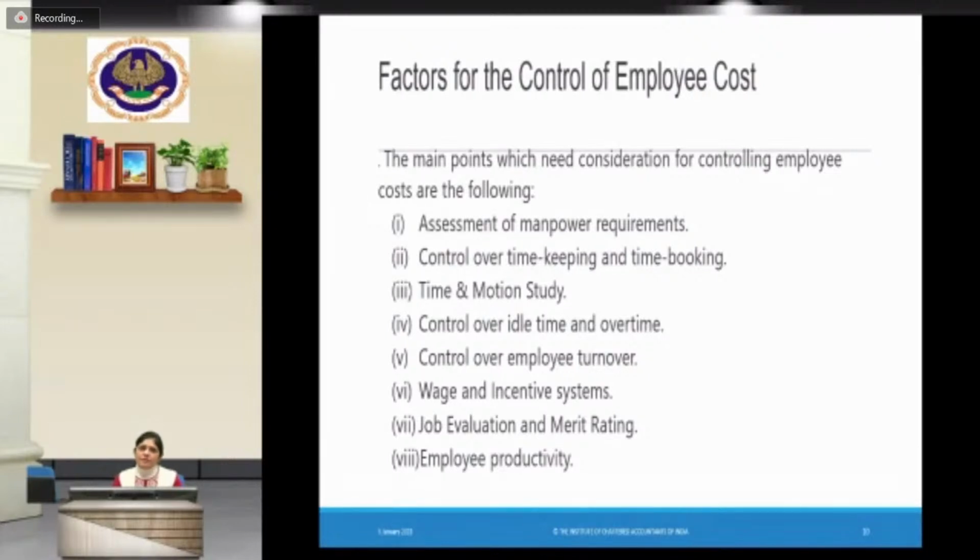But if, let us say, a person has actually worked on the product, whatever I'm paying to that person can be directly allocated to that product because that person has actually worked on the product. So direct cost can be exactly attributable to the product or a job. Indirect cost, we cannot measure exactly how much of that cost has been incurred on a particular product or a job.